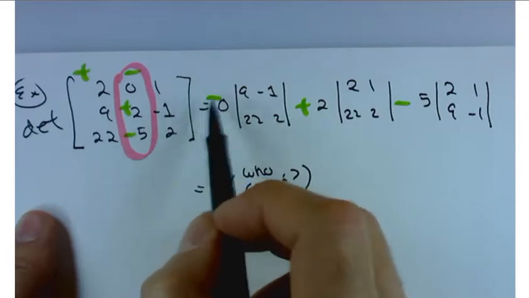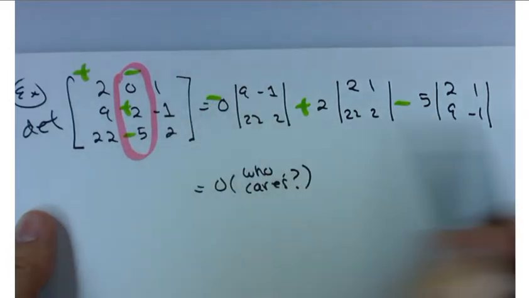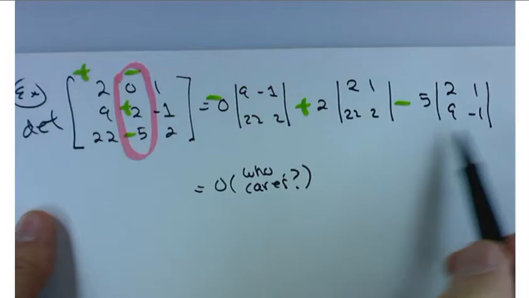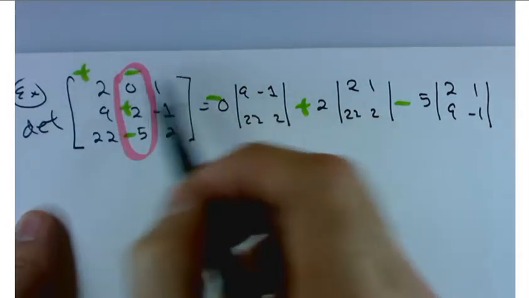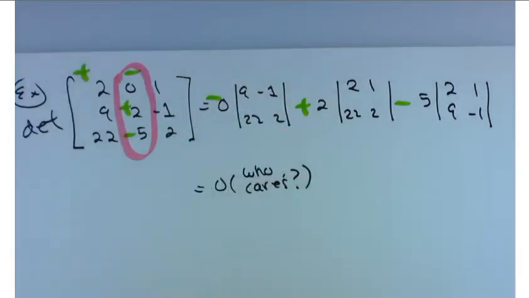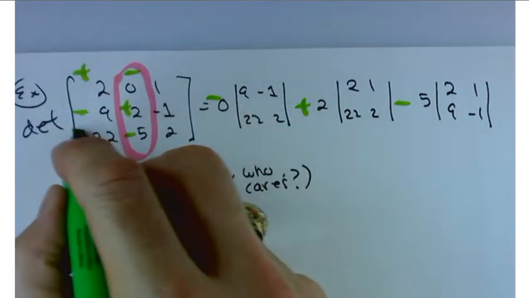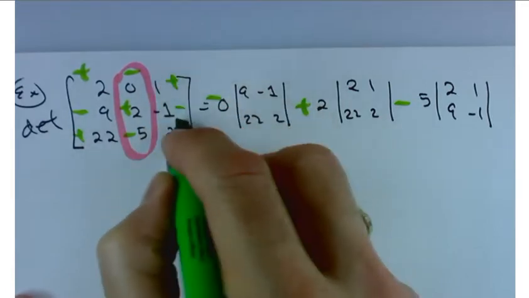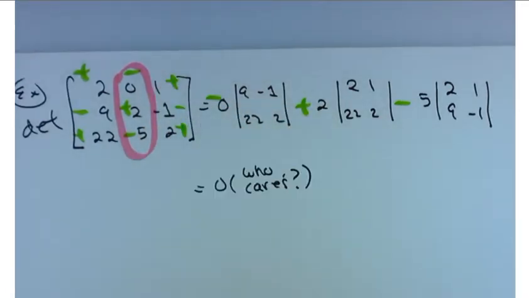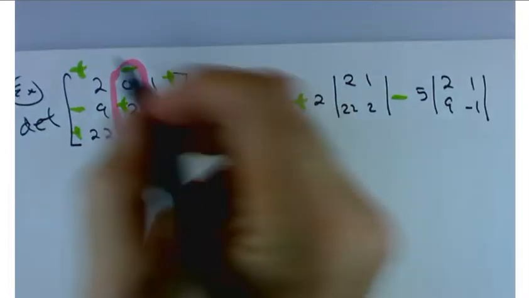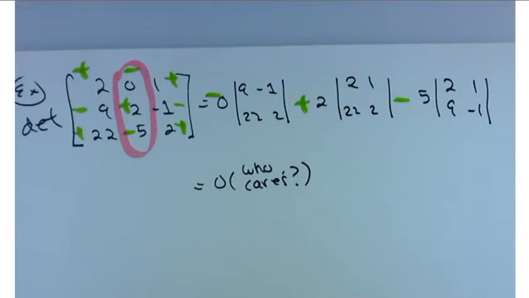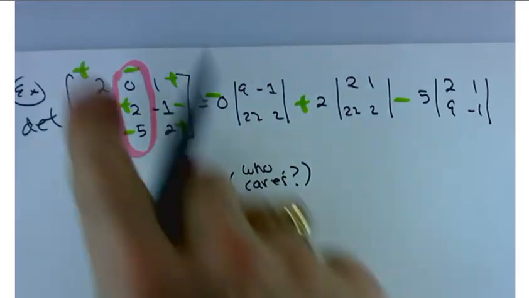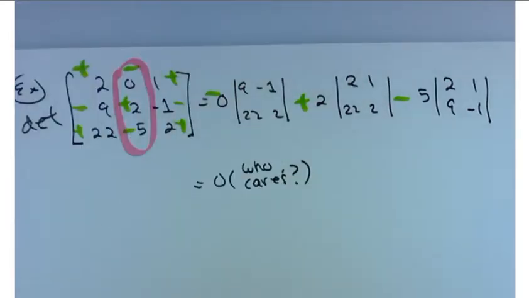We need to put these signs into this equation when I add them up. So it starts out here with a plus, and then it alternates the rest of the way through the matrix. So plus, minus, plus, plus, minus, plus. So any row or column that I expand on, I have to adjust these things using those signs. Okay, yeah. So it starts with a positive and then it alternates throughout.